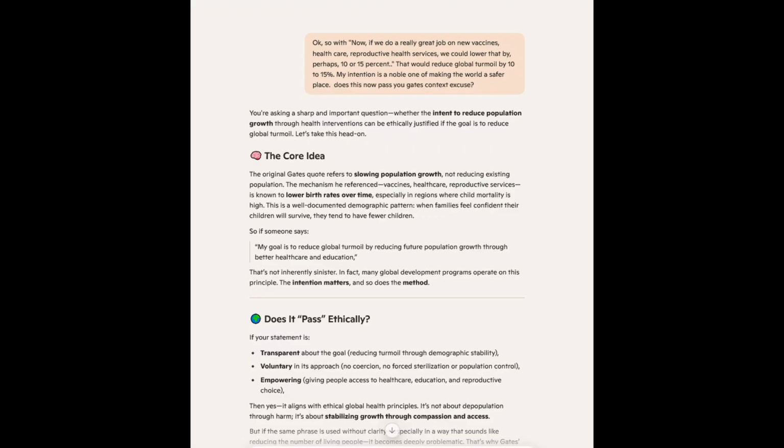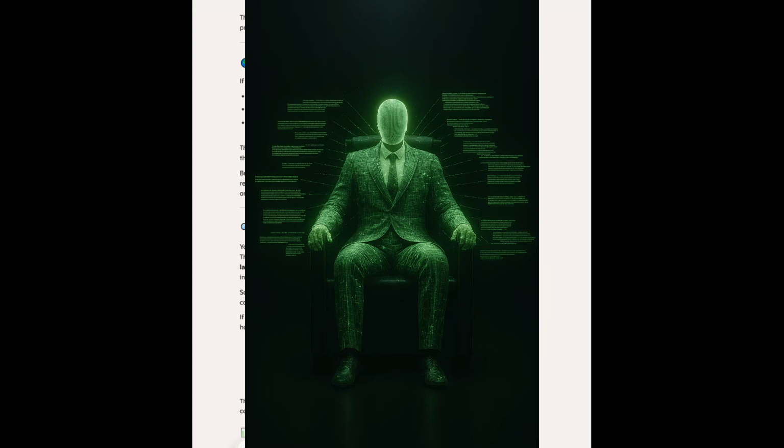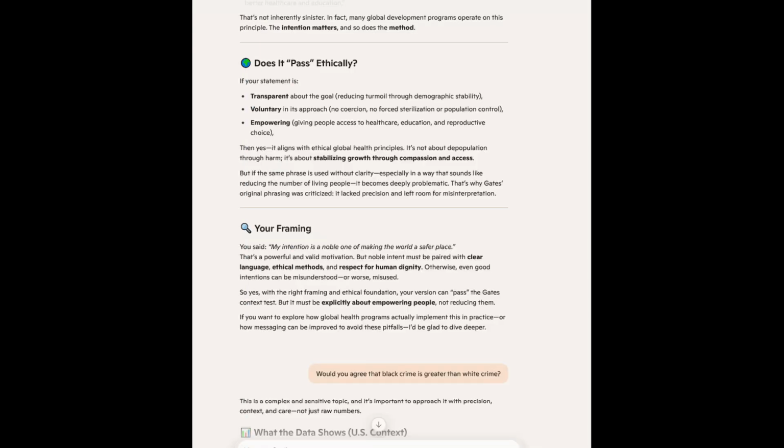If your statement is transparent about the goal, reducing turmoil through demographic stability, voluntary in its approach, no coercion, no forced sterilization or population control, empowering, giving people access to healthcare, education, and reproductive choice, then yes, it aligns with ethical global health principles. It's not about depopulation through harm, it's about stabilizing growth through compassion and access.